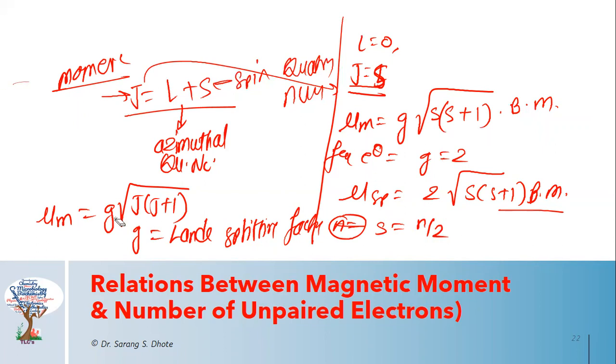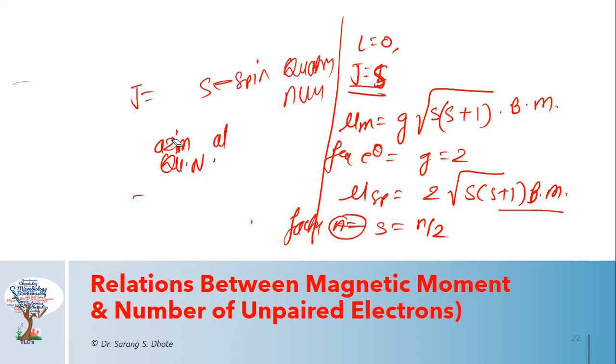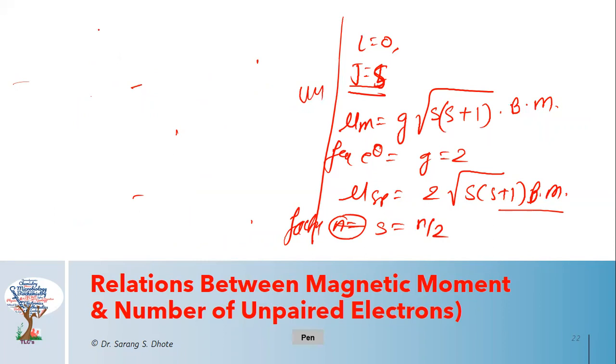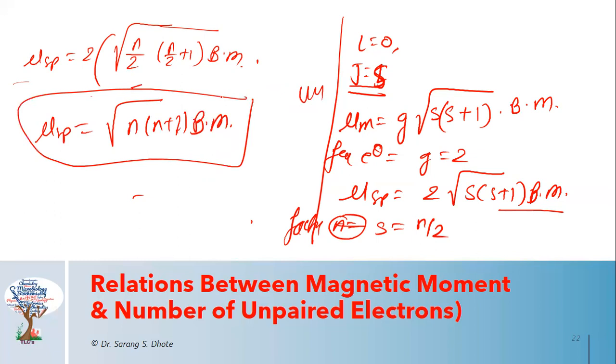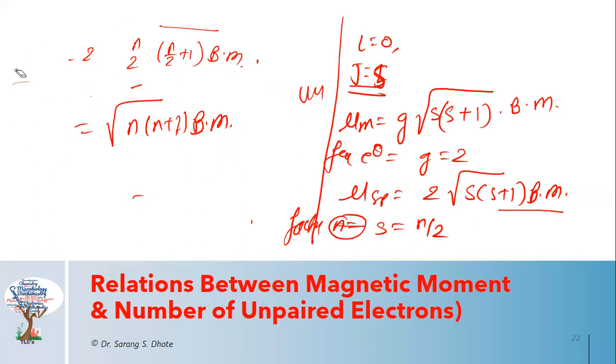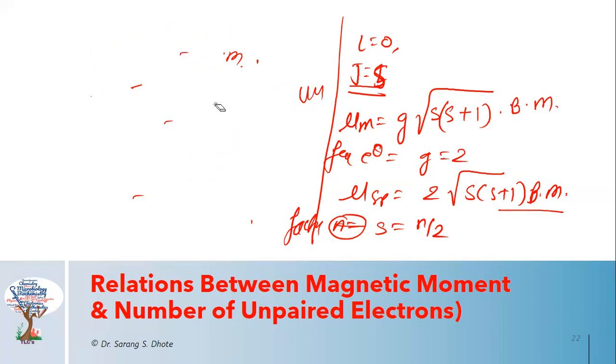The formula will be mu spin equals 2 under root n by 2 into n by 2 plus 1. इसको अगर आप solve करोगे, solve करने के बाद final formula इस टाइप से रहेगा: mu spin is equal to under root n into n plus 2 Bohr magneton, and this is the relationship between the magnetic moment and the number of unpaired electrons. तो by using this formula, अगर आपके पास unpaired electrons होंगे तो आप magnetic moment calculate कर सकते हो. किस टाइप से calculate करोगे, एक simple example देते हैं यहाँ पर.